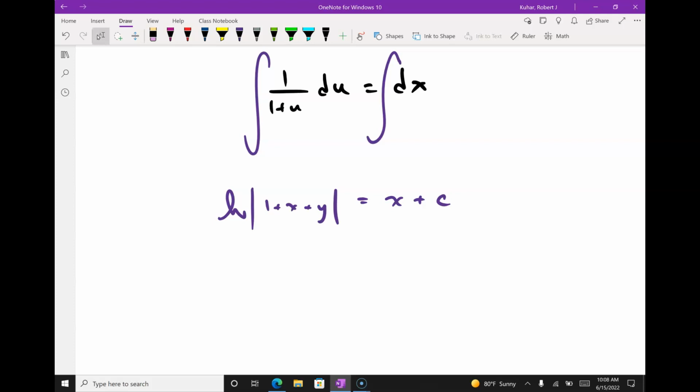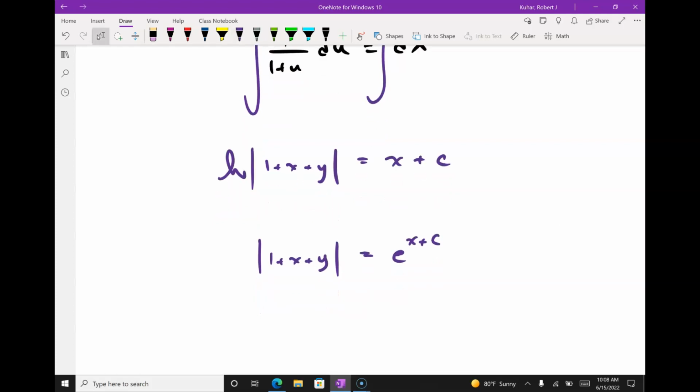So raising both sides to e, I get absolute value of 1 plus x plus y equals e to the x plus c, which of course I can rewrite as e to the c times e to the x, right?